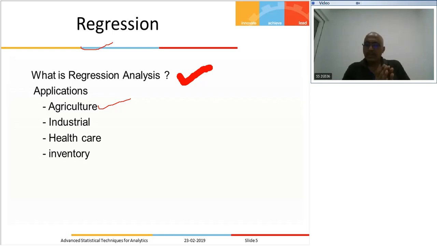The yield depends on the amount of fertilizer that we are giving, that is the input. Now we want to establish whether this is a fact or not. So what to do?